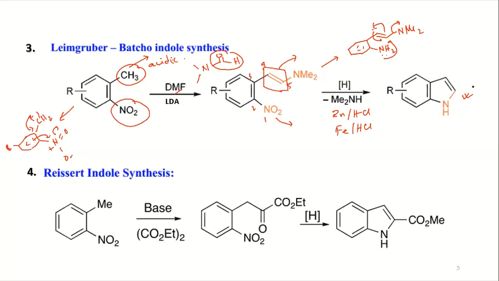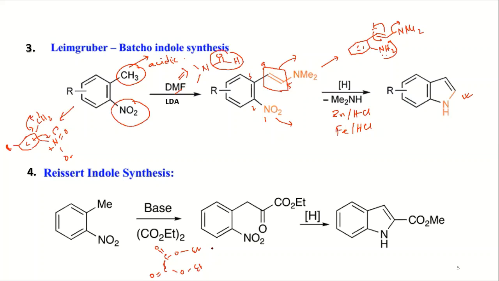You have one more reaction, that is the Reissert indole synthesis. That one is again quite similar, just we are changing DMF to another substrate, that is diethyl, sorry, this is your ester OEt.